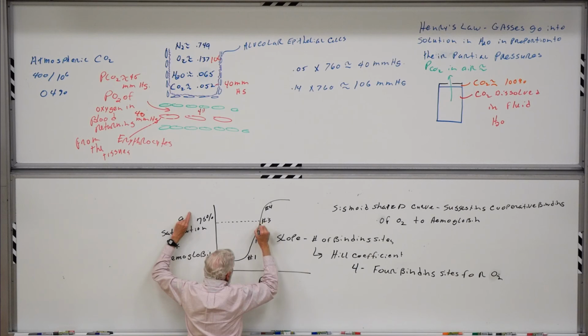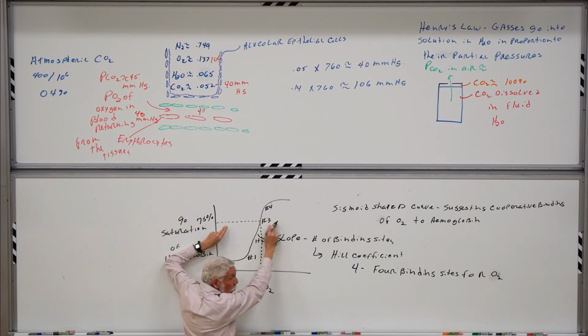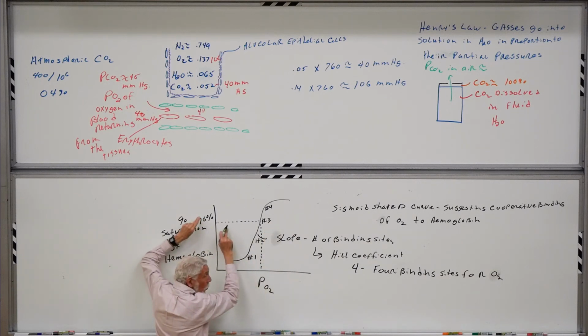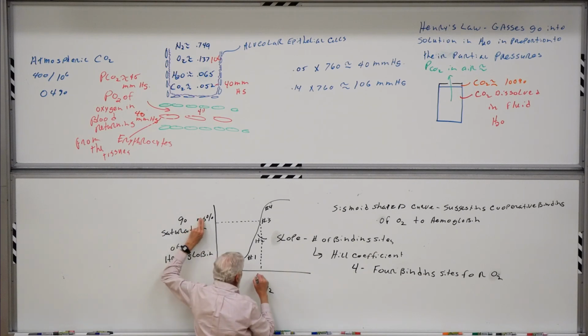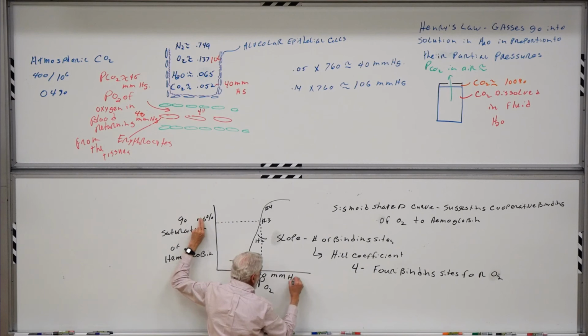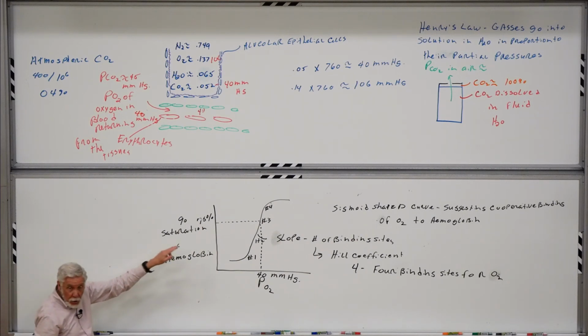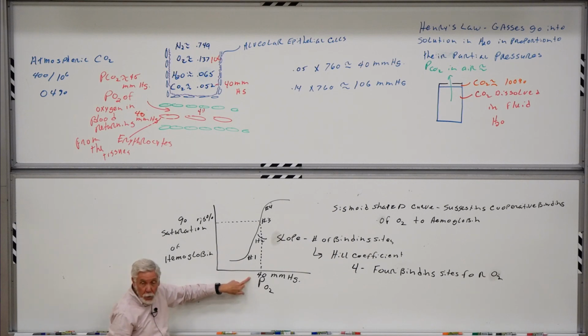If we follow this number down, the partial pressure where 3 of the 4 sites are bound, where we have 75% saturation, that number down here is in the neighborhood of about 40 millimeters of mercury. You'll notice that those are the numbers we used in the upper panel, that we said that the concentration of oxygen in the blood returning from the tissues is about 40 millimeters of mercury.